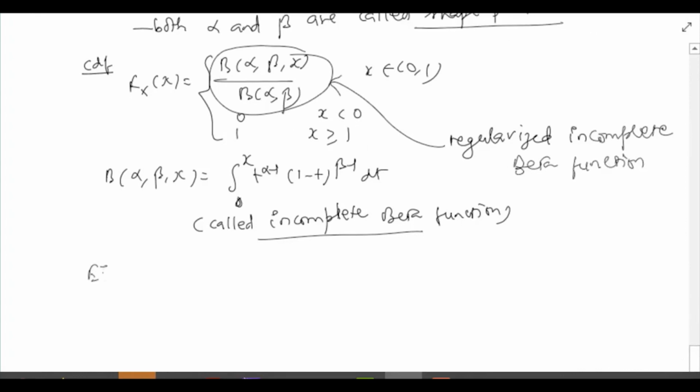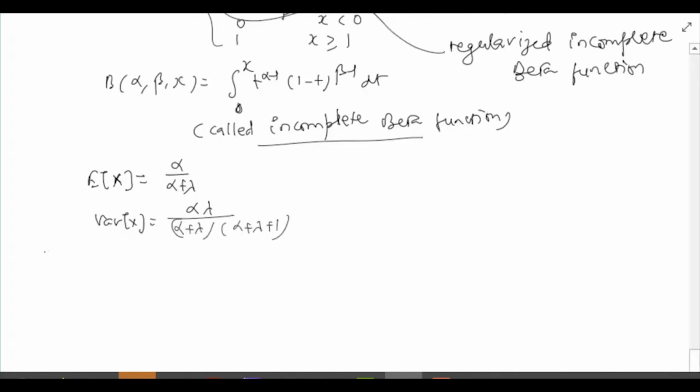Expectation of the above beta distributed random variable, that is E(X), turns out to be alpha divided by alpha plus beta, and its variance turns out to be alpha beta divided by alpha plus beta whole square times alpha plus beta plus 1. There is a connection between beta distribution and uniform distribution.